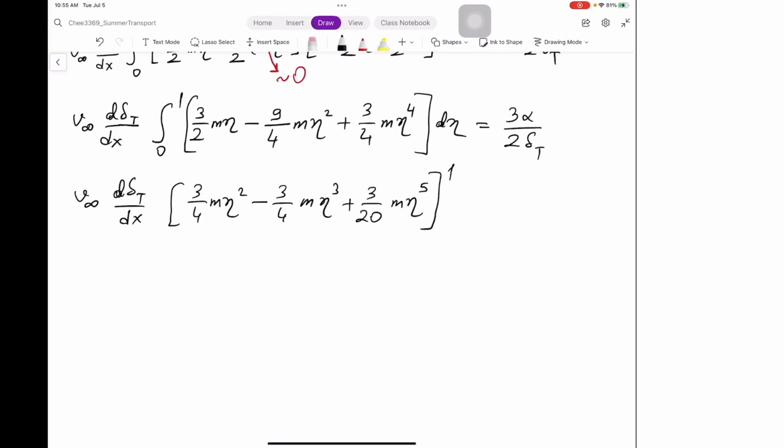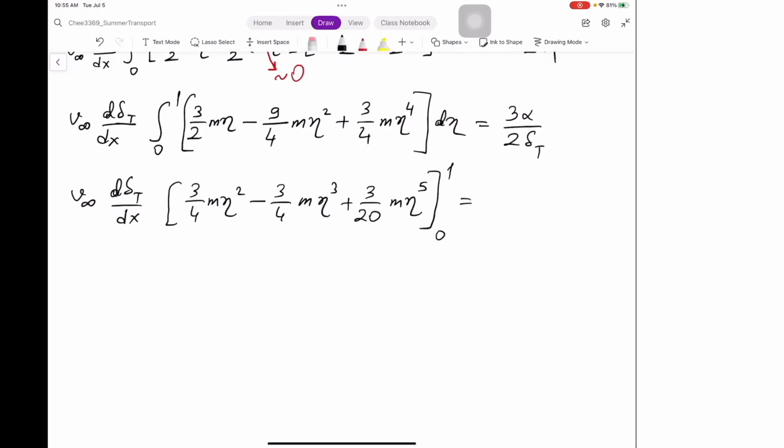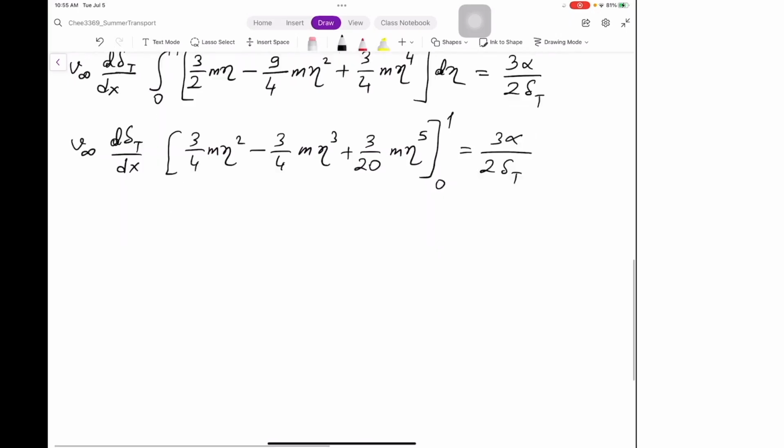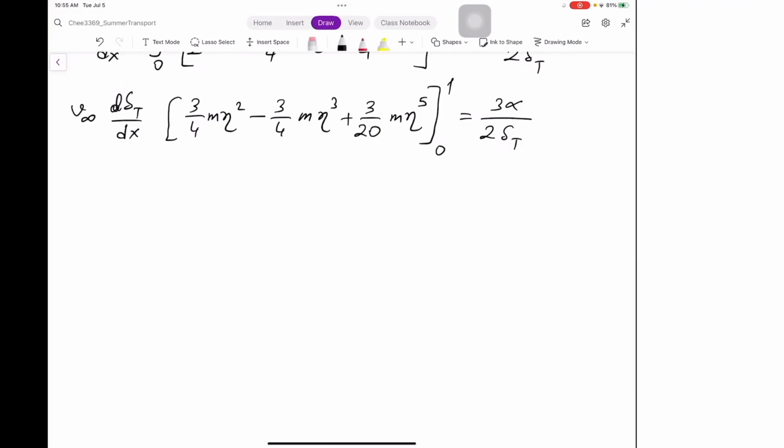And you calculate it between 1 and 0. It's equal to 3 alpha over 2 delta t, right? And you get V infinity d delta t over dx.